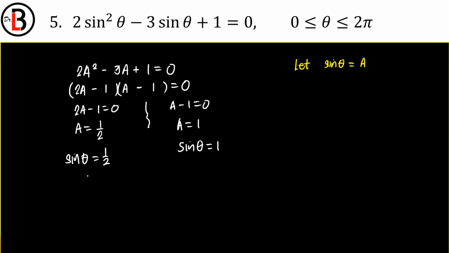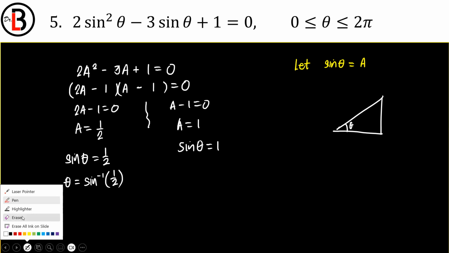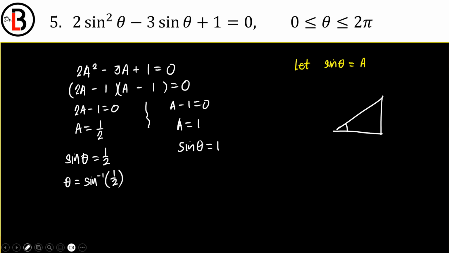Now, in order to solve for theta, you can say the arc sine of 1 half. It's easy for us to recall this because for 1 half, we know that it's a special triangle. We're using special triangles in here, right? So I'll use the 30, 60, 90 triangle.